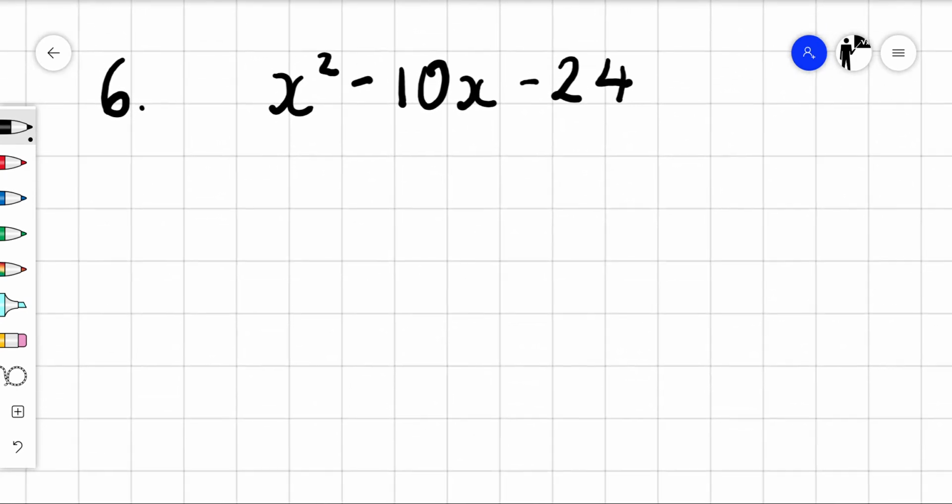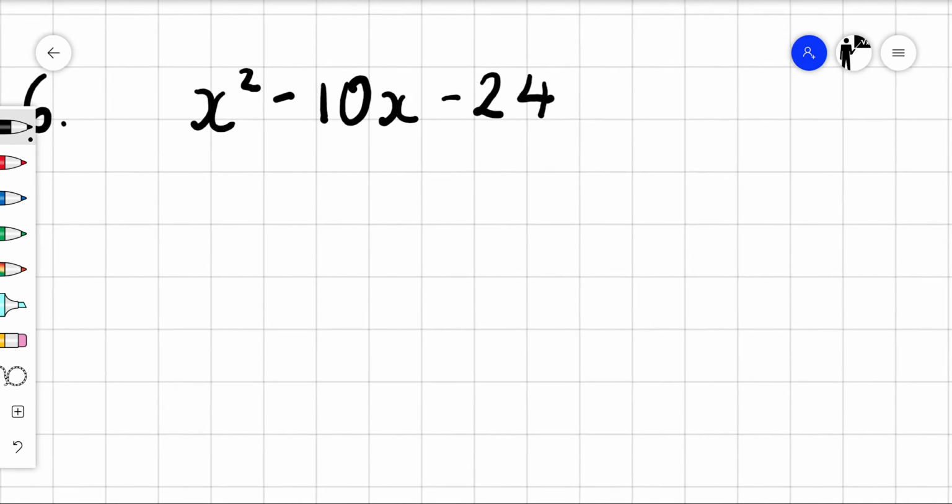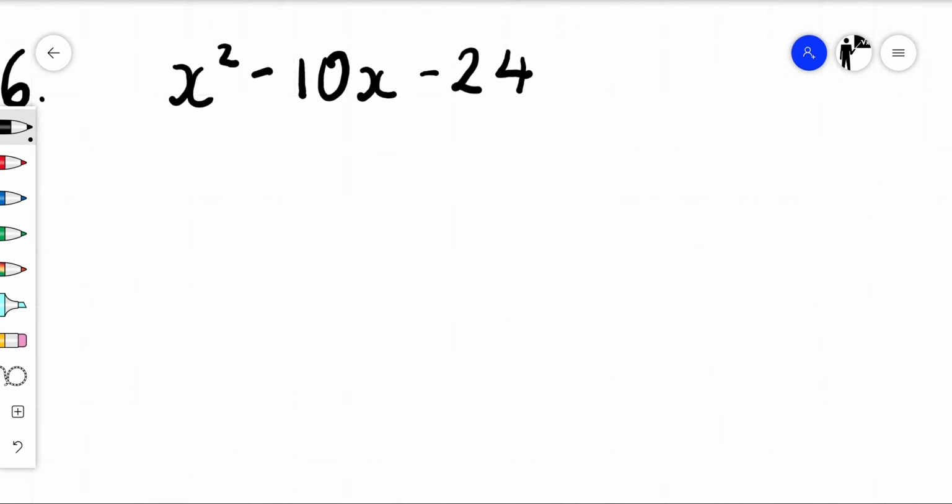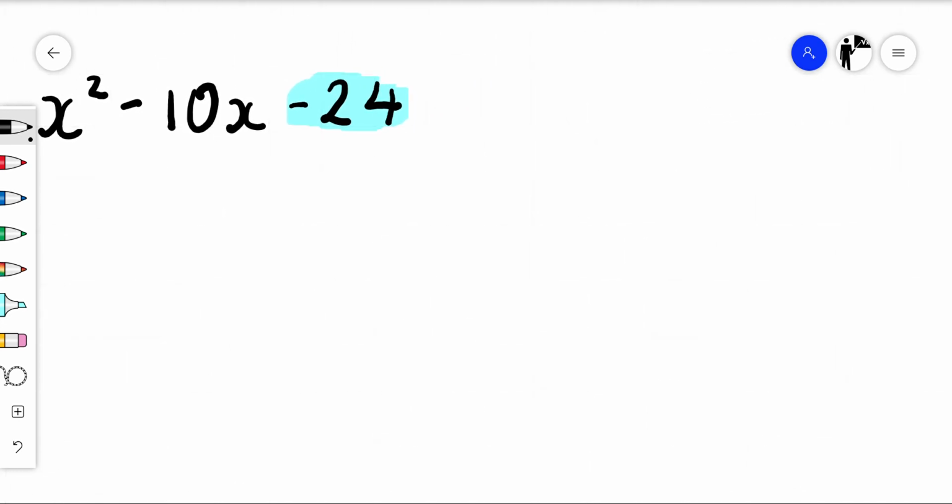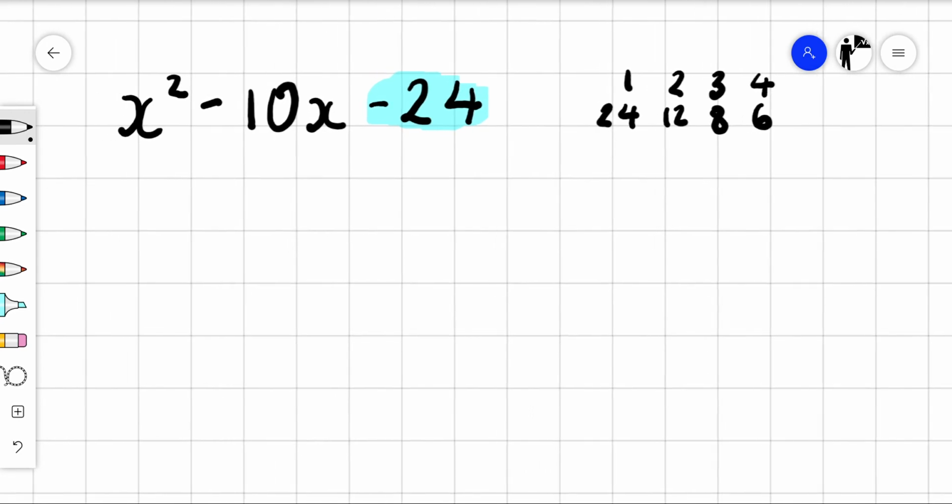Okay, so example 6, x squared minus 10x minus 24. First thing we should notice is we've got minus 24, so that means we're going to have different signs, one plus and one minus. Same as before, we're going to write down factor pairs of 24: 1 and 24, 2 and 12, 3 and 8, 4 and 6.